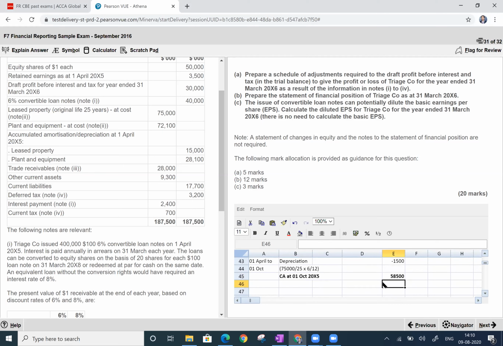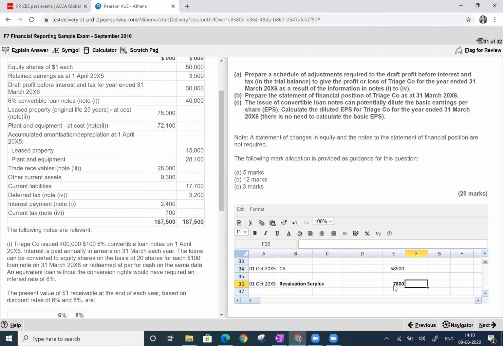It's not working, so if it doesn't work, E45 equal to E45. So now carrying amount is 58,500 and fair value is 66,300. So definitely it is a revaluation surplus as on 1st October X5, and it will be the same in the year end also. So revaluation surplus.